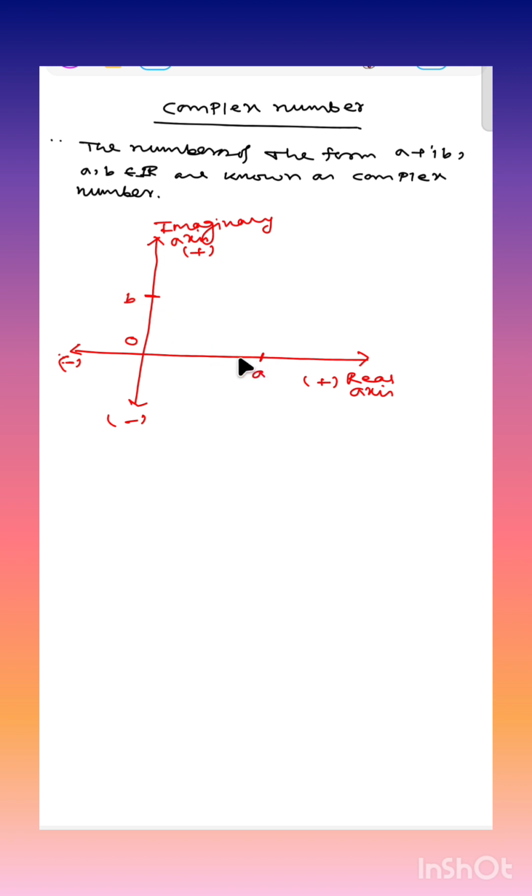Then it is the point a plus ib. Here i means root over of -1, that is x square is equal to -1.